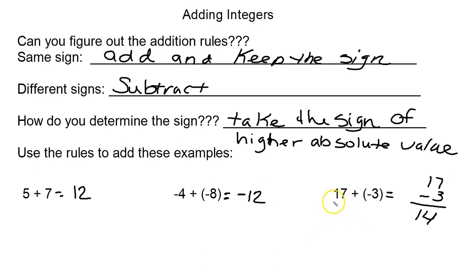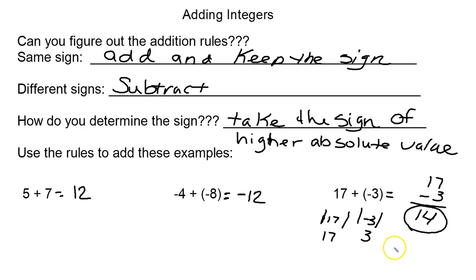You're going to take the absolute value of 17, which remember would look like this. The absolute value of 17 is 17. The absolute value of -3 is +3. So this has the higher absolute value, so that means that our answer is going to be positive. So we look at its original sign, and it was positive. So the answer is positive 14.